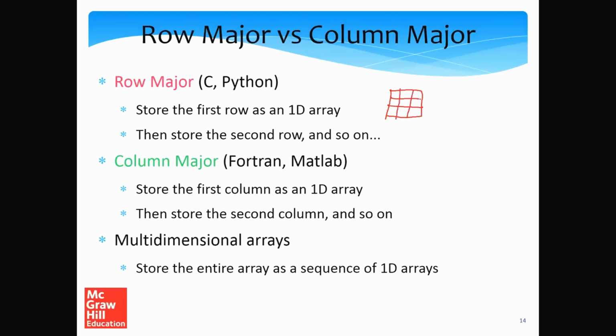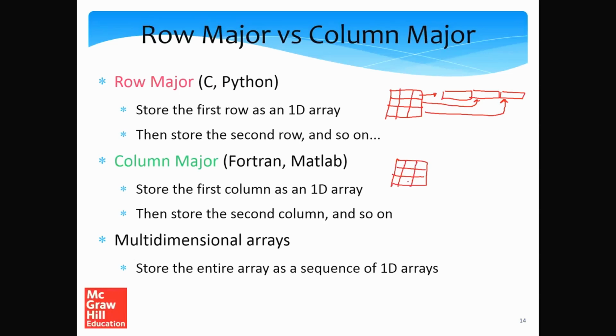What we do in a row major scheme is that we first store the first row. Then we store the integers belonging to the second row. Then we store the data belonging to the third row. The other scheme called column major, which is followed by programming languages such as Fortran and MATLAB, actually stores the first column, then the second column, and so on.